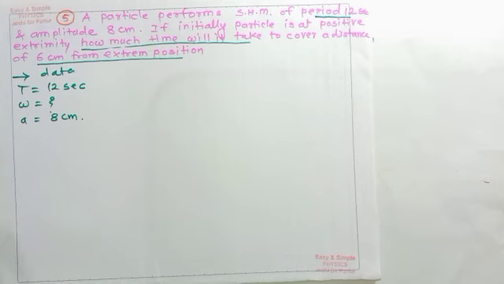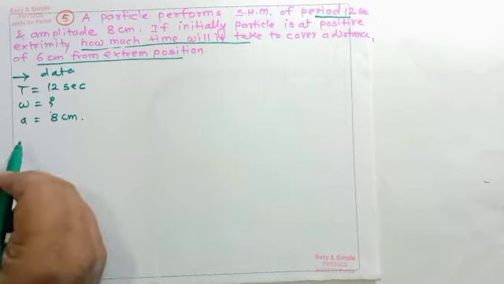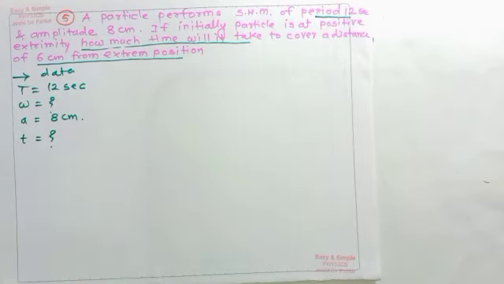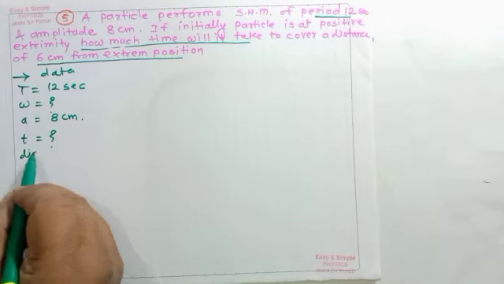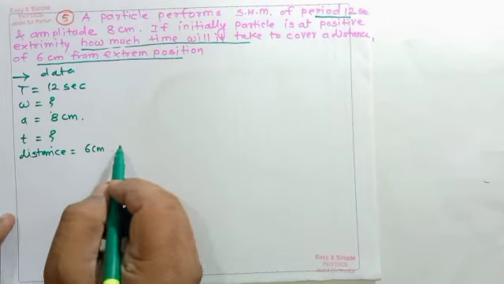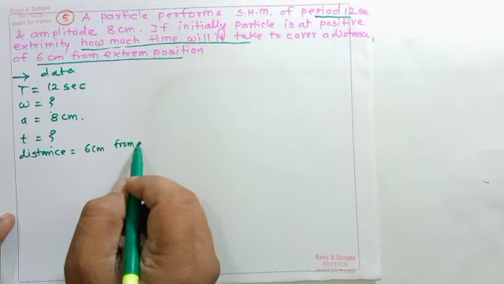Initially the particle is at positive extremity, and we want to find the time to cover a distance of 6 centimeter from extreme position, means distance 6 centimeter from extreme point.